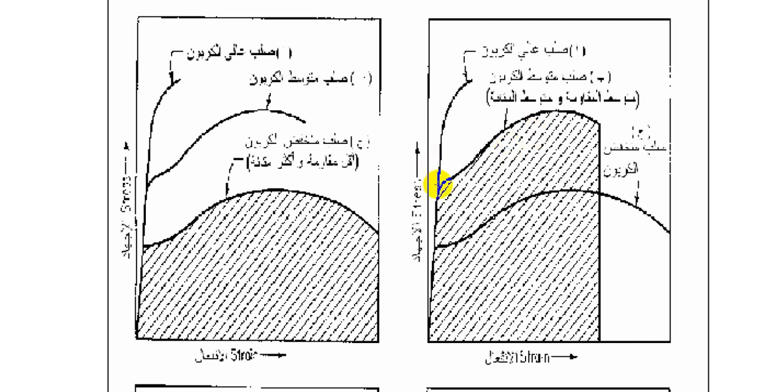Comparison for correspondence. يعني هنا مقارنة مناظرة. This is the comparison between the strength and the corresponding toughness, or the toughness and the corresponding strength.